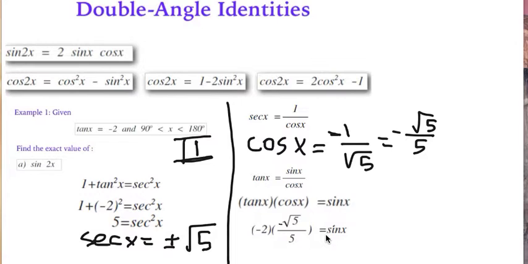And finally, we get sine 2x using the identity sine 2x equals 2 sine x cosine x, just by substituting sine and cosine with the values found.